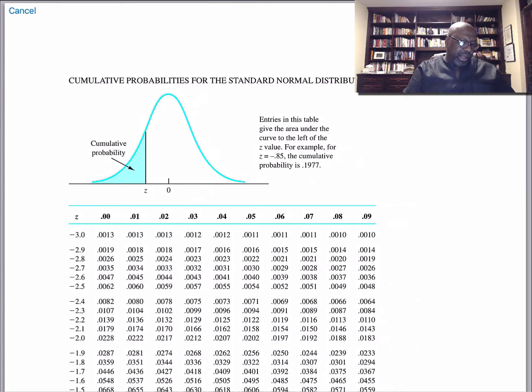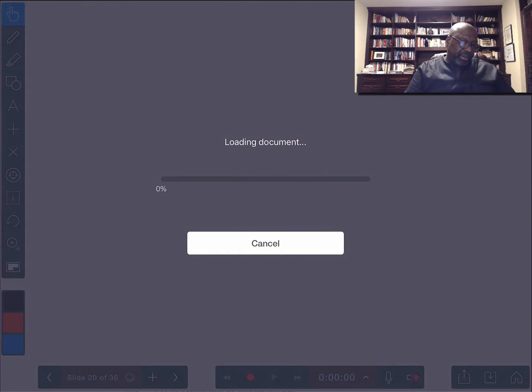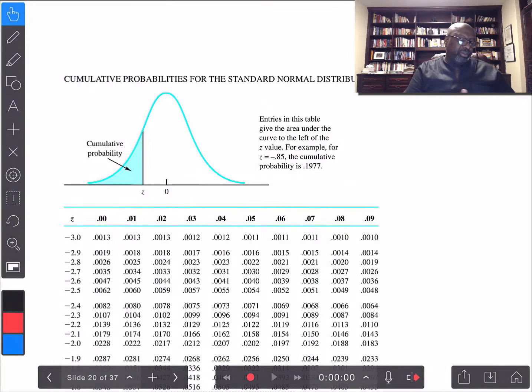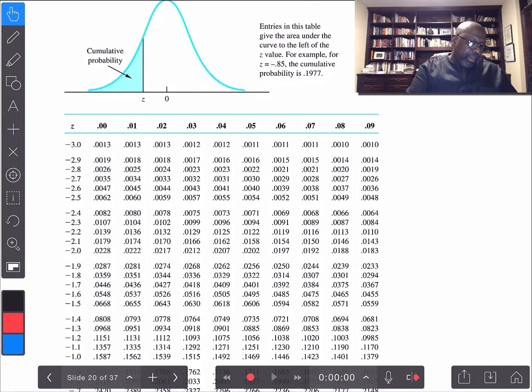So let's look up negative 1.75. Let's choose that for a second. I'm going to add that to our content. Takes a second or two. So negative 1.75, if I scroll up here. And the way the Z table works, you may recall, on the top we have the second decimal place, and the first decimal place is in the first column.